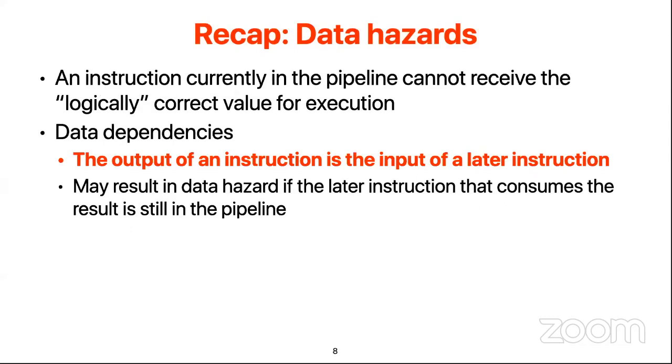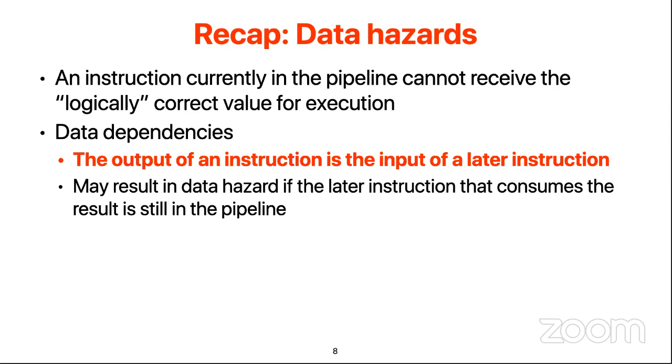Regarding data hazards, they come from data dependency. Please pay attention to this, because I just caught an error on the TA slides when somebody posted the data dependency issues on Piazza. The only true dependency that should be counted as a data dependency is when the output of an instruction is the input of a later instruction.